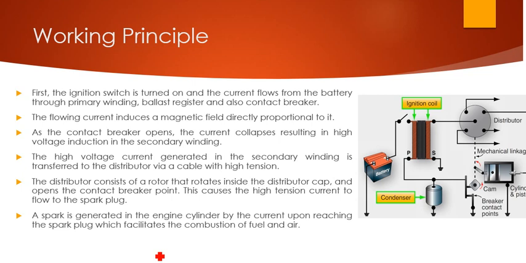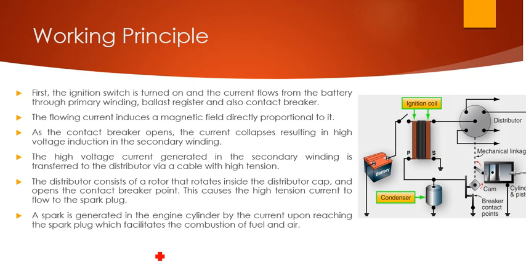As the contact breaker opens, the current gets passed from the primary to the secondary, which results in a high voltage, because in the secondary winding we have more turns, and due to that we get a higher voltage.